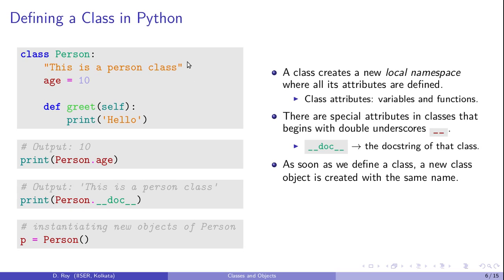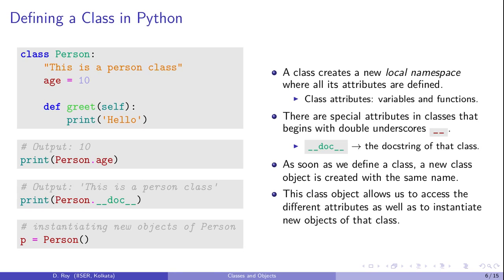As soon as we define a class, a new class object is implicitly created with the same name. In this example, person is an object which is created implicitly when we define the class called person. Using this class object, we will be able to declare, or instantiate, new objects of that class.